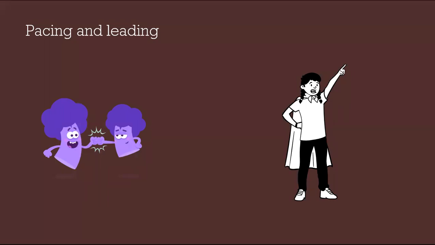Pacing and leading is very hard, and it requires a lot of skill, like listening, observing, and offering a creative solution. This technique is hard, but it's highly effective in negotiation, as I learned from some research.